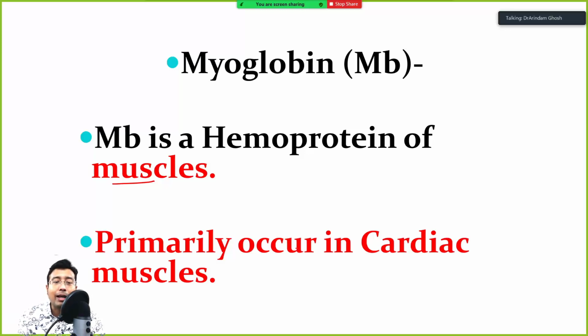However, the main muscle group where myoglobin is in excess is cardiac muscle. Of course, it is also present in skeletal muscle, but the amount of myoglobin present in cardiac muscle is much higher. You will understand why very soon. Mainly because myoglobin ensures that the muscle always gets oxygen.